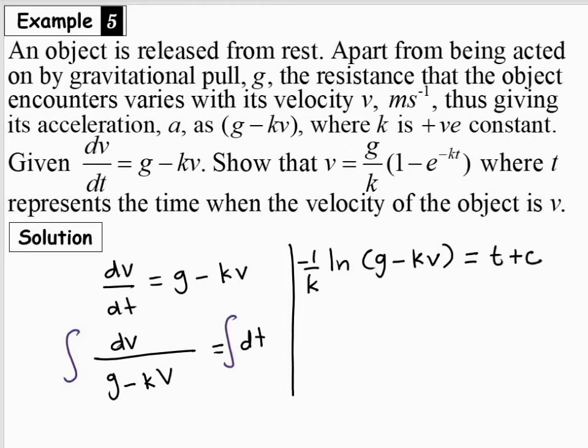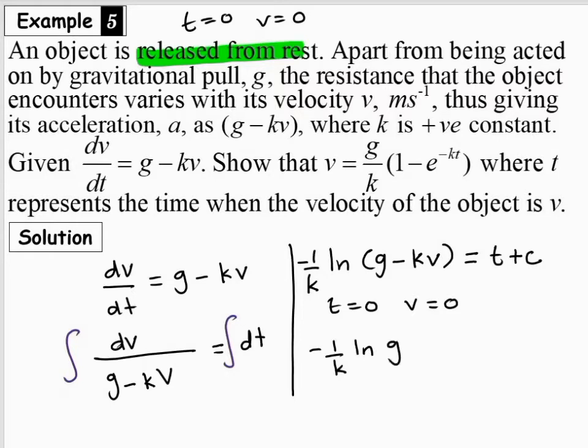From the question, we know that the object is released from rest. So this means when t equals 0, v equals 0. Let's substitute into our general solution. When t equals 0, v equals 0, so we have negative 1 over k, and then ln g, equals c.